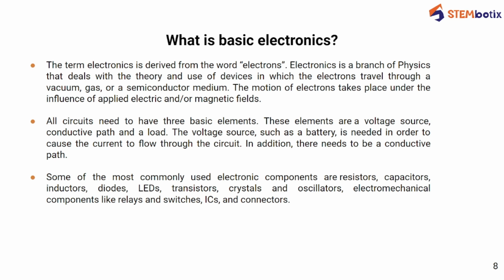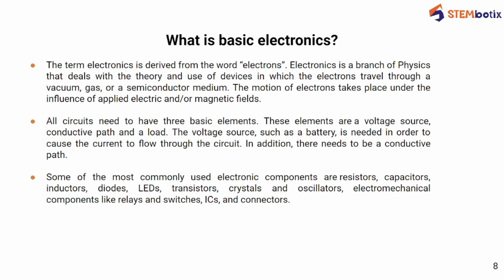Electronics is a branch of physics that deals with the theory and use of devices in which electrons travel through a vacuum, gas, or a semiconductor, or in any medium. The motion of electrons takes place under the influence of an applied electric and/or magnetic field. Means under the electric or magnetic field, the electrons are getting motion.